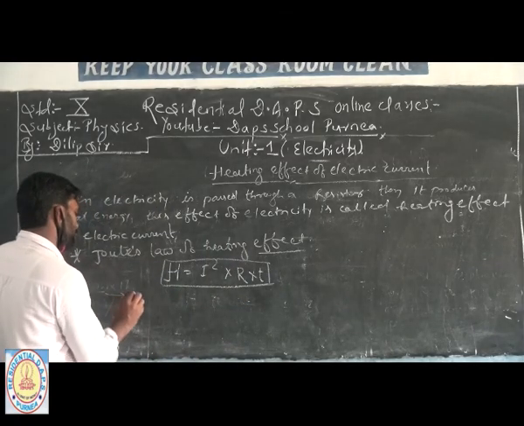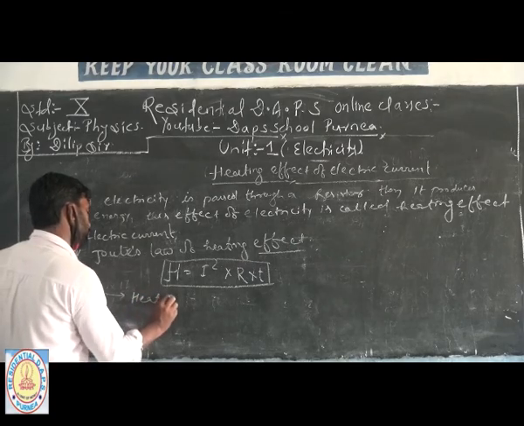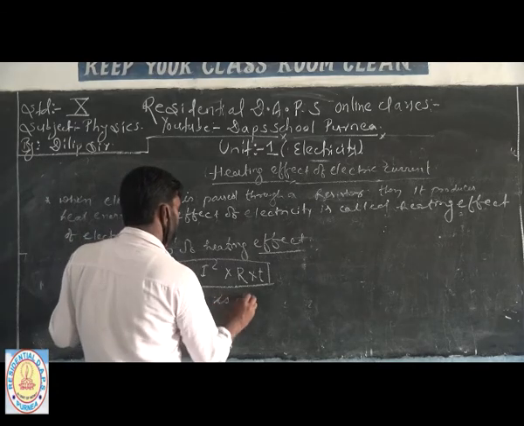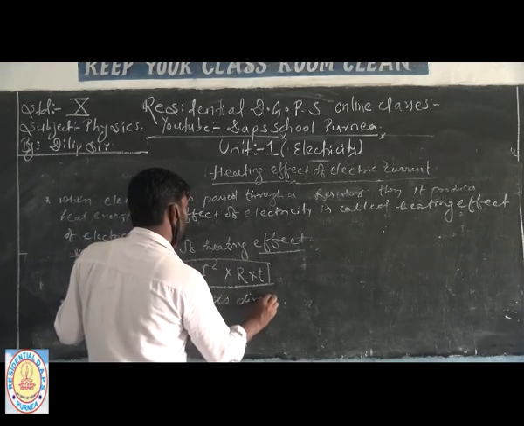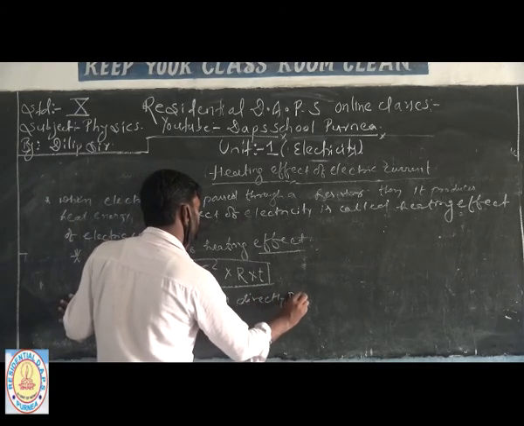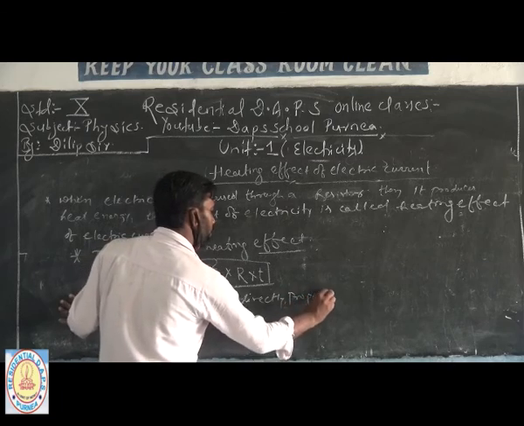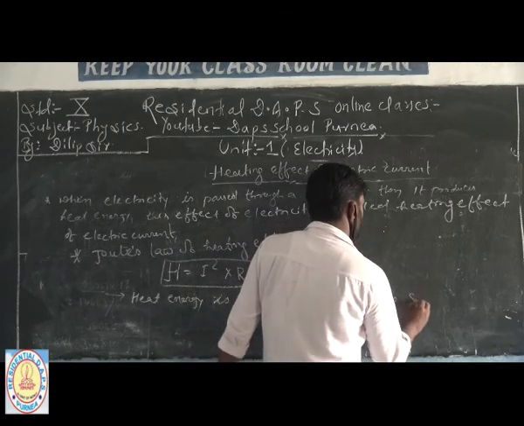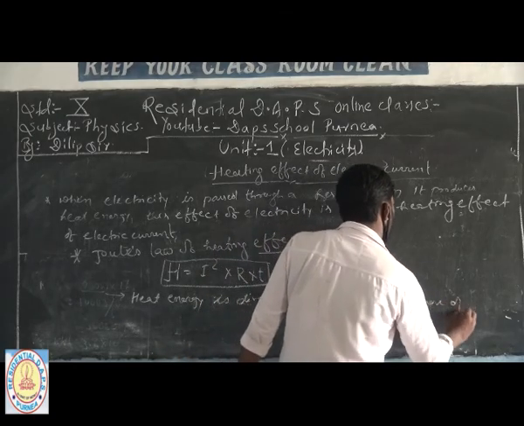According to this, heat energy is directly proportional to the square of electric current.